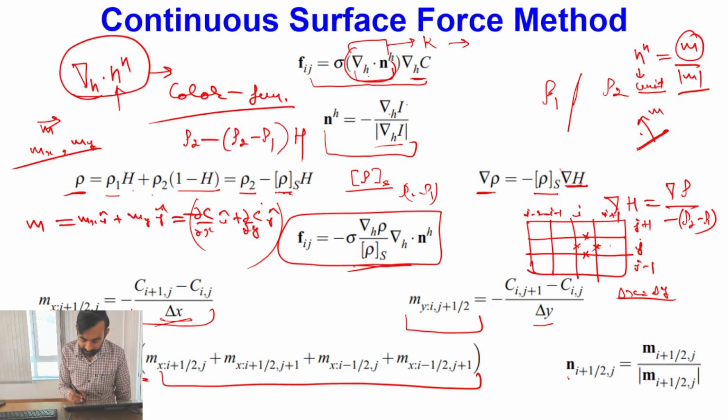Now I know that the unit normal vector is nothing but the m vector divided by the magnitude of the m vector. M is a normal vector and n is a unit normal vector along the direction of m. So n becomes m divided by the magnitude of m.